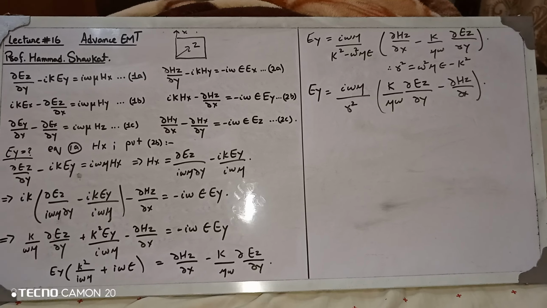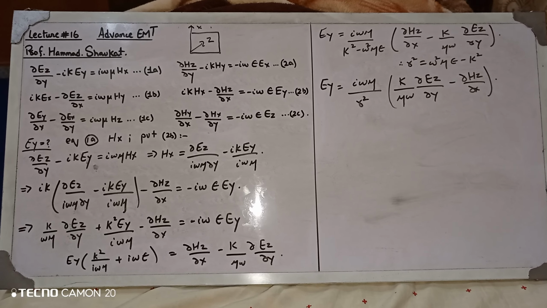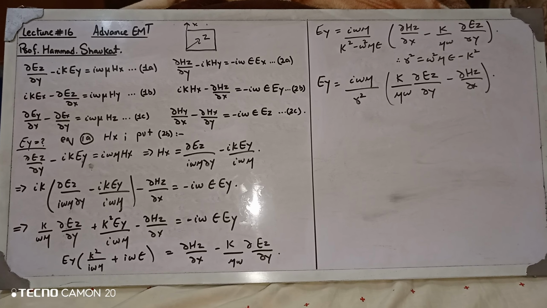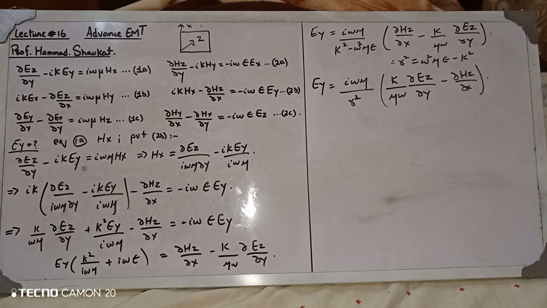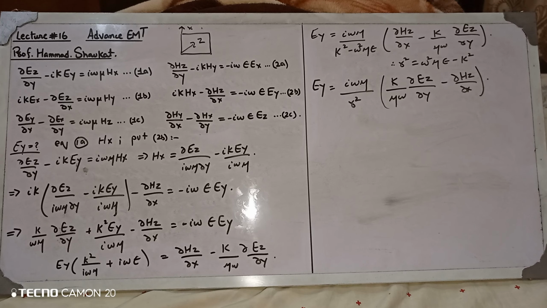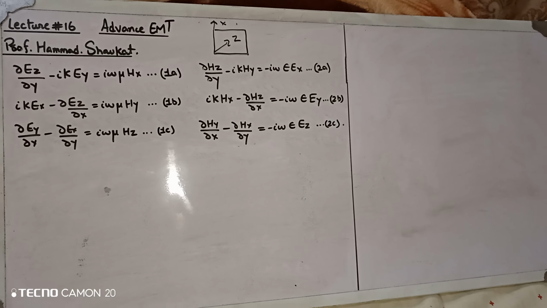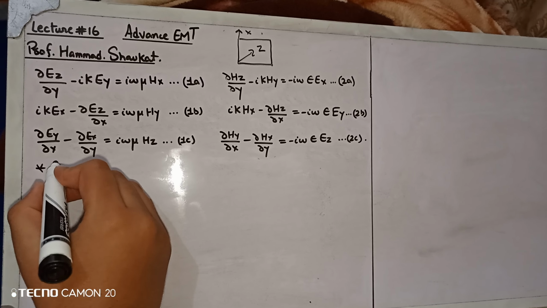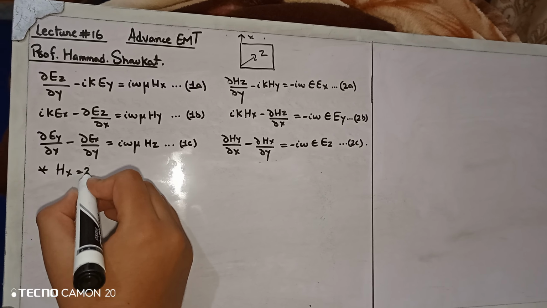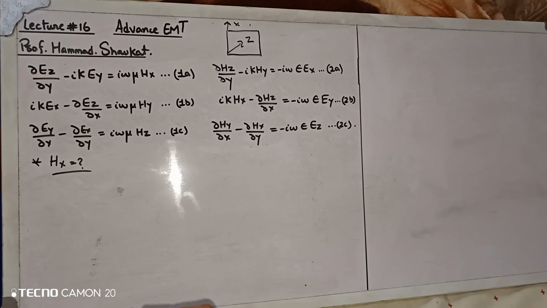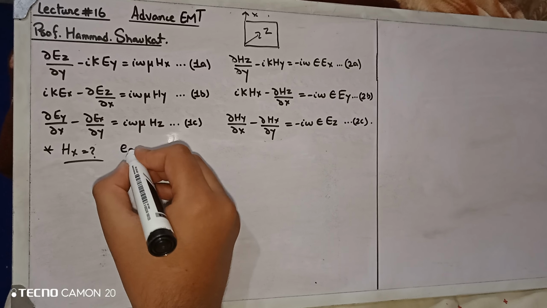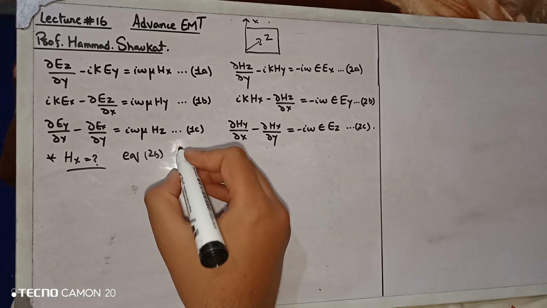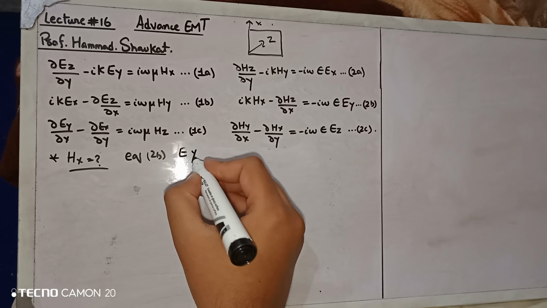Okay, now we have to follow the same procedure to find the expressions for Hx and Hy. So let's start by finding Hx first. Now how can we find the expression for Hx? To find Hx, we have to use equation 2b, and from equation 2b we have to find Ey.